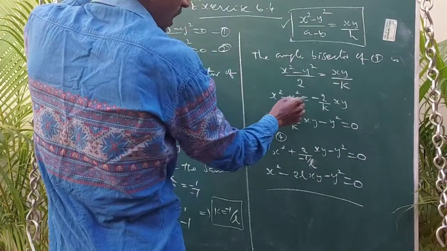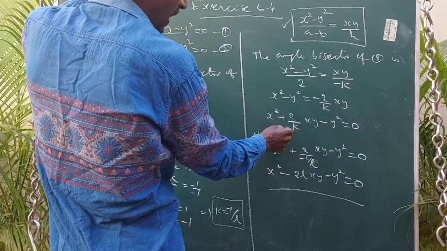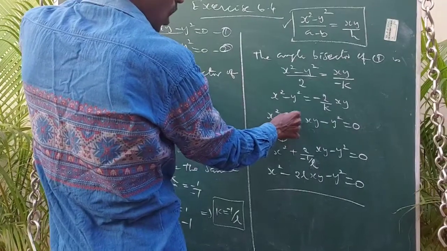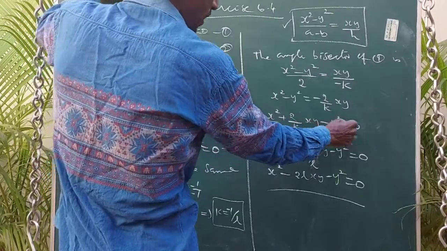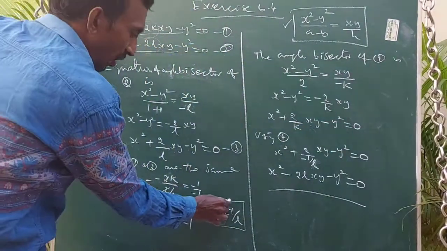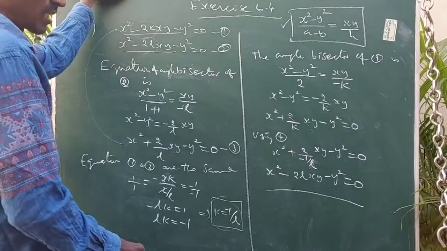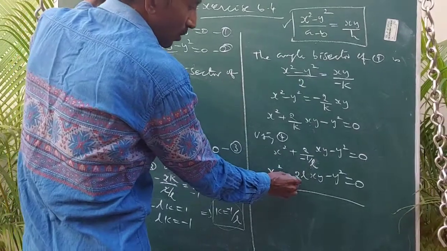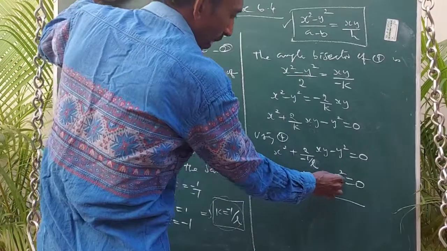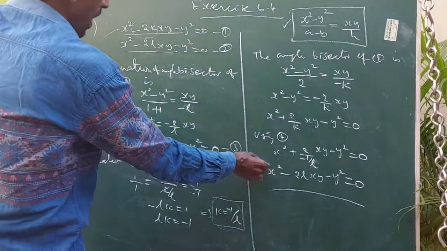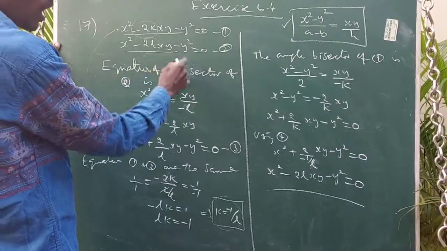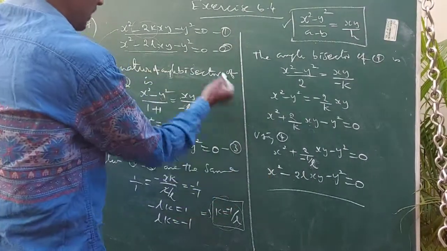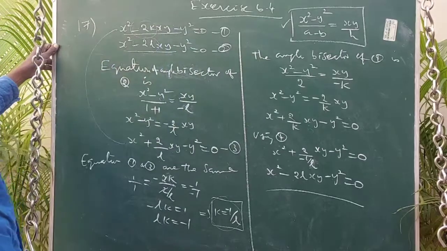Put it here, rearranging and simplifying, we get x² + (2/k)xy − y² = 0. Already we have k = −1/l, put it here, we get x² − 2lxy − y² = 0. It is nothing but the second equation. So obviously the second one is the angle bisector of the first one.